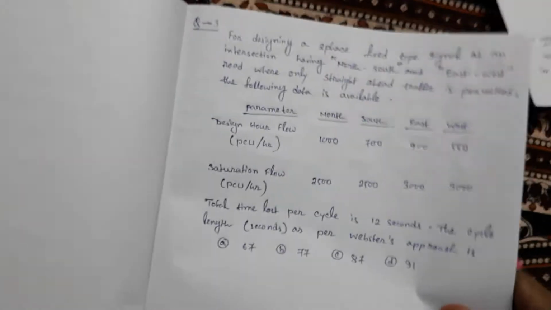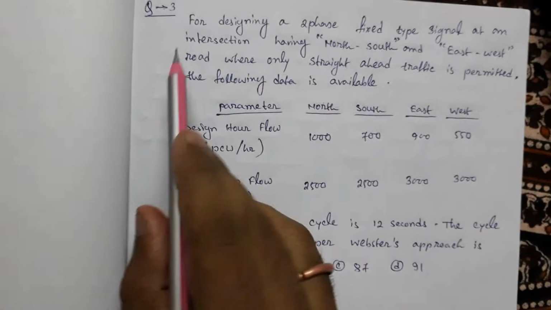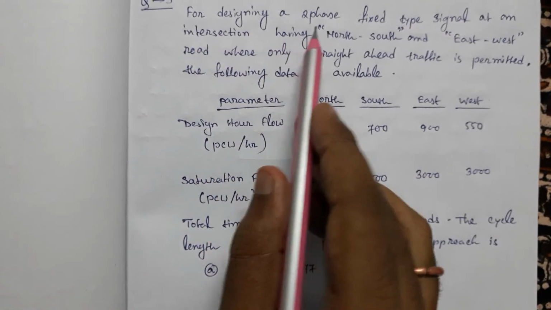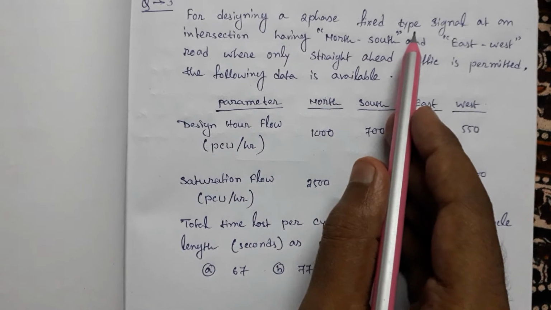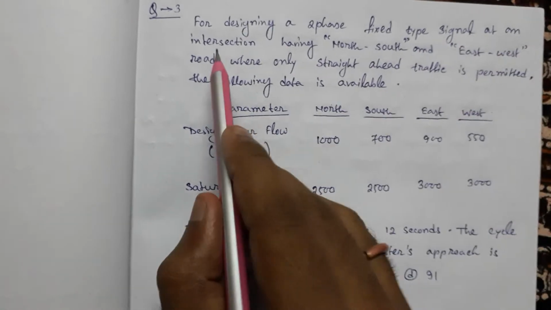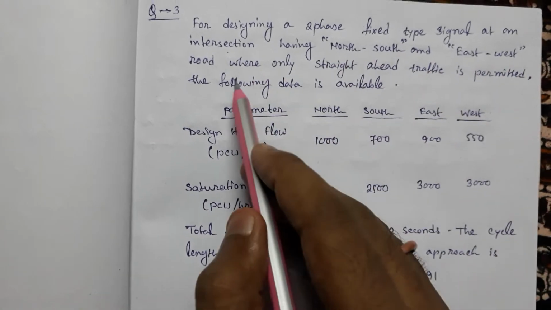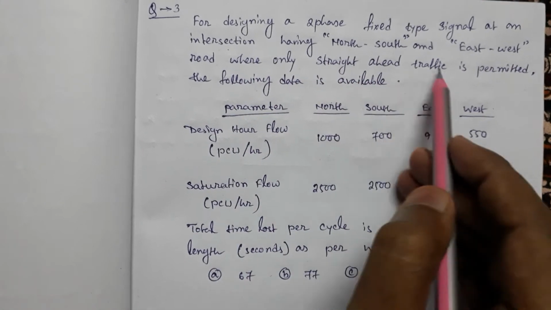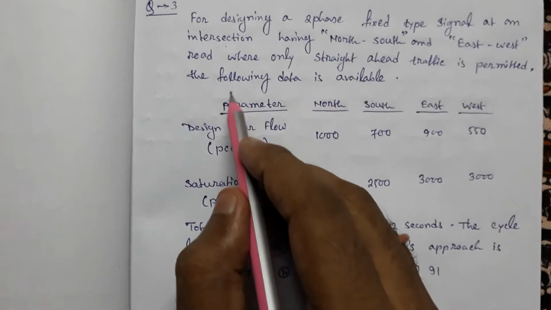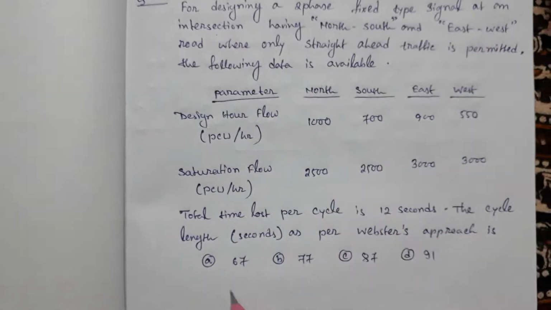Now come to a problem. For designing a two-phase fixed time signal at an intersection having north-south and east-west roads, where only straight ahead traffic is permitted, the following data is available.